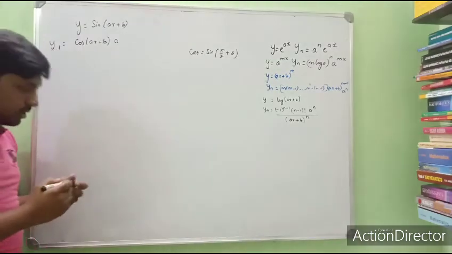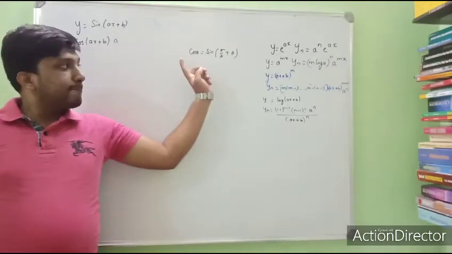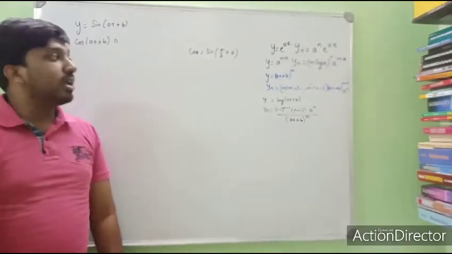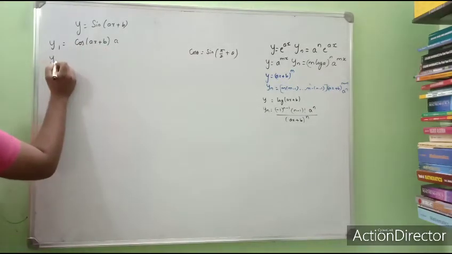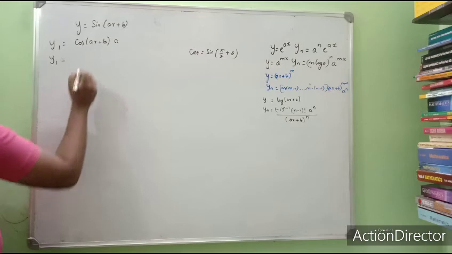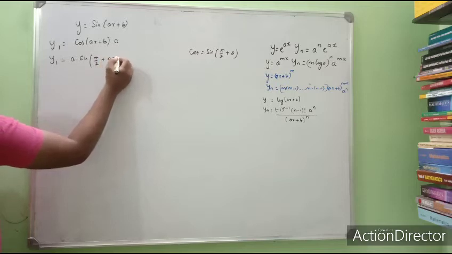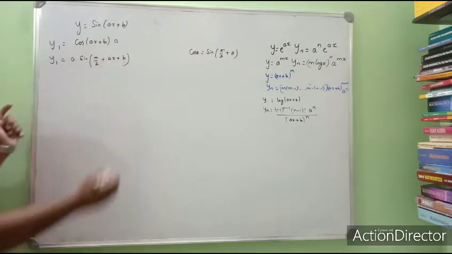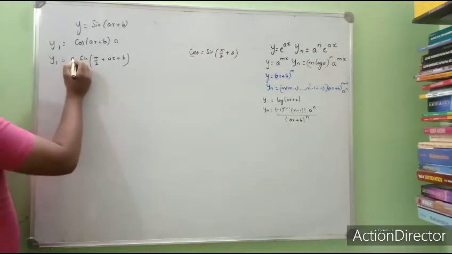Can I write like this? Sine of 90 plus theta is cos theta, isn't it? So cos theta I'll be writing in this form, that is sine of 90 plus theta. So the same thing I can write as y1, the first derivative, is a into sine of pi by 2 plus ax plus b. Understanding? I have just written cos theta is equal to sine of 90 plus theta.